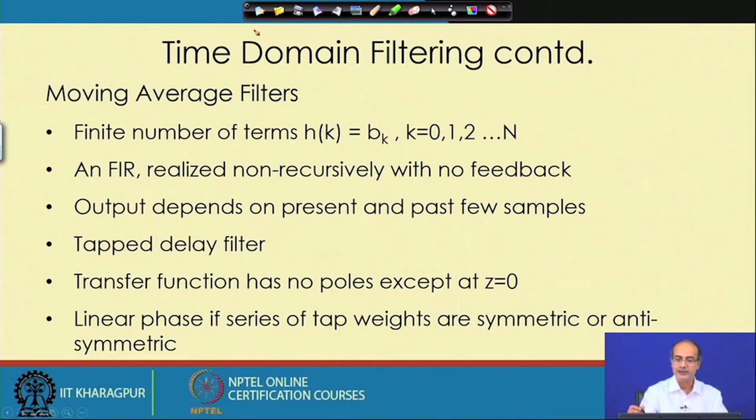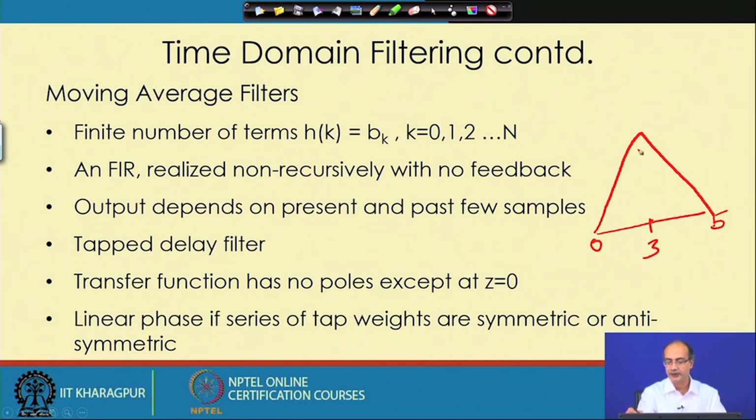So, say if we have 5 weights starting from 0 to 5, and we choose the weights in this way, where 3 is the midpoint, we are getting symmetry over that point.